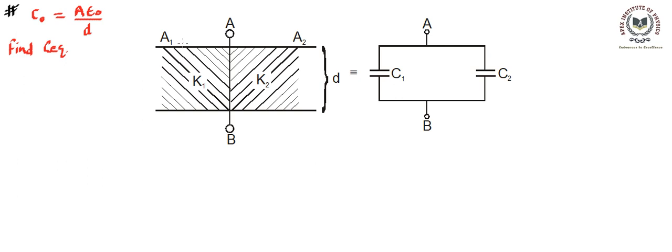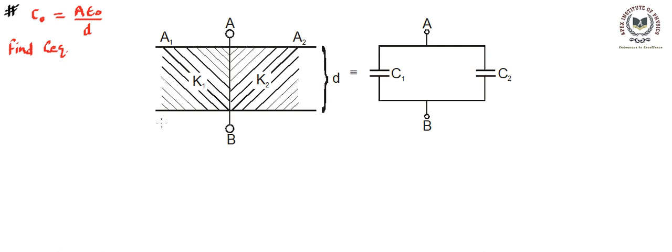If a dielectric is filled completely in a capacitor, then its capacitance becomes K times the initial capacitance. However, here we are using different dielectric constants. So we need to convert this single capacitor into two capacitors, one completely filled with K1 and another completely filled with K2. So we can say it is a combination of two capacitors.